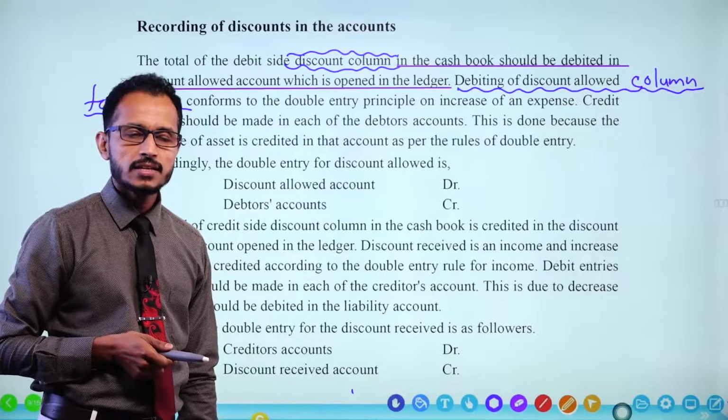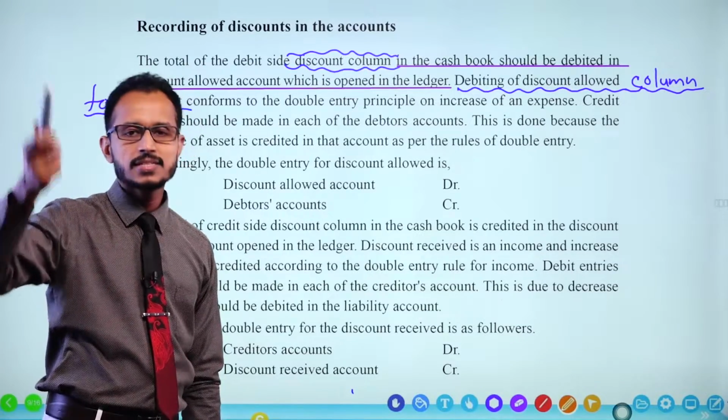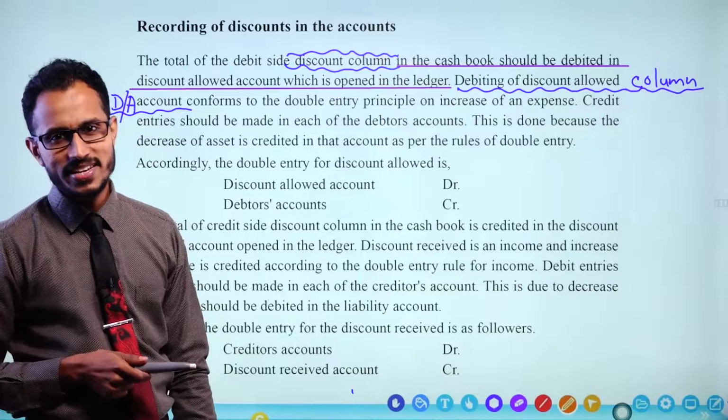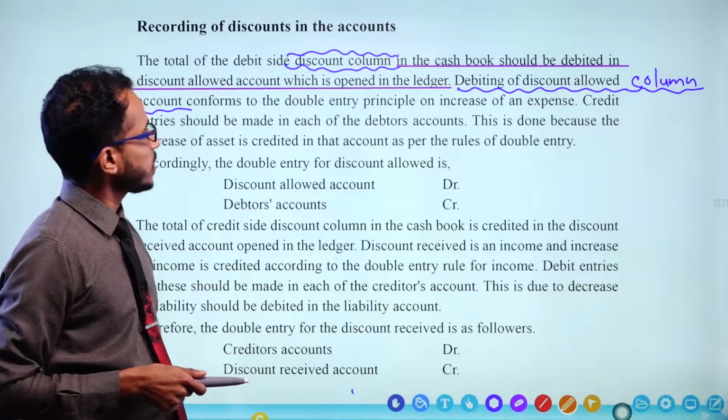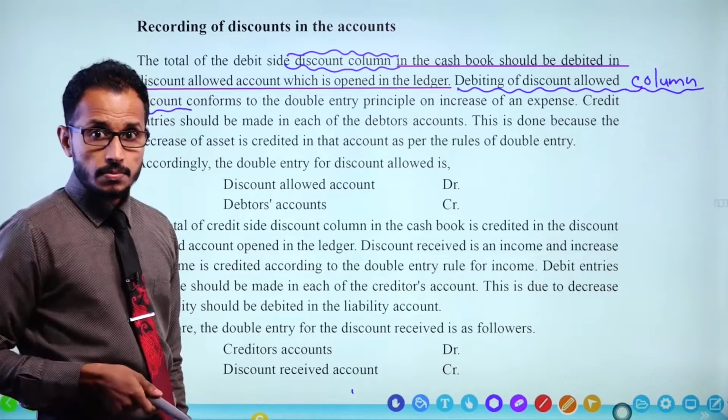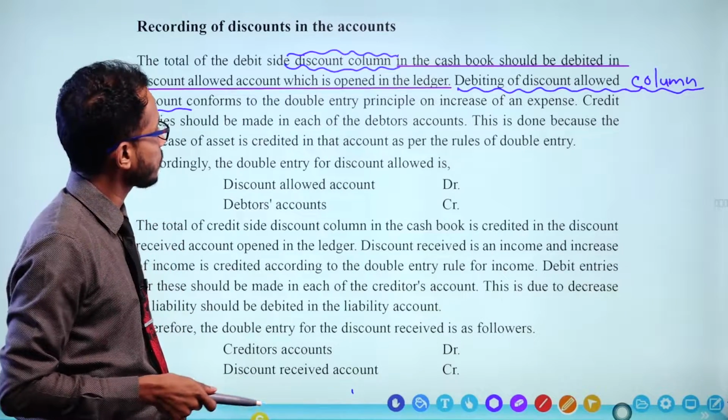We already know that when expenses increase, it should be a debit entry. That is what it says. Credit entries should be made in each of the debtors accounts. We are going to do this practically.